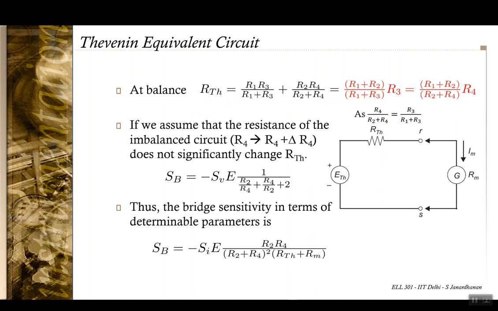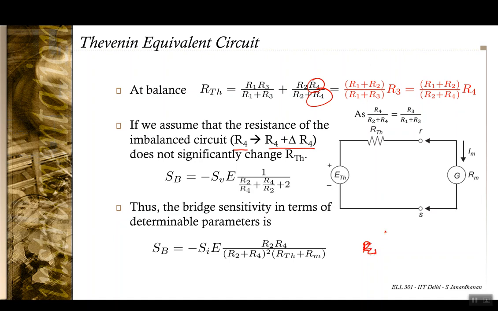Now if the unknown resistance is changed and the circuit becomes imbalanced, that is R4 goes from R4 to R4 plus delta R4, we assume that this doesn't significantly change the Thevenin resistance, because from this expression R4 goes to R4 plus delta R4, and that is not going to be a significant change.